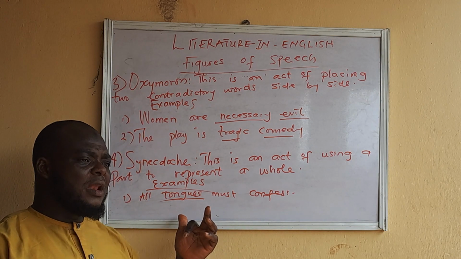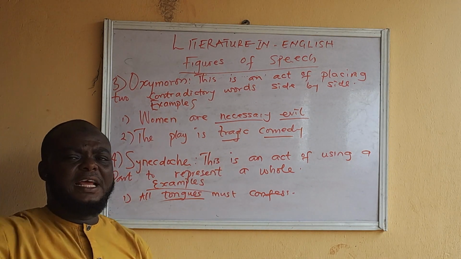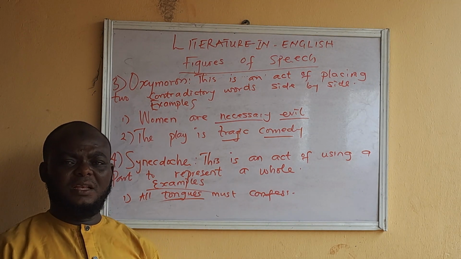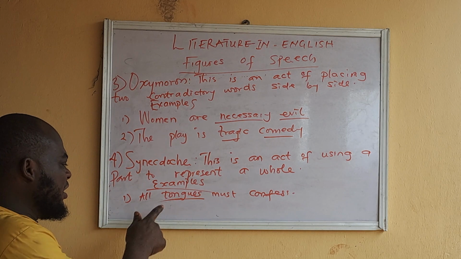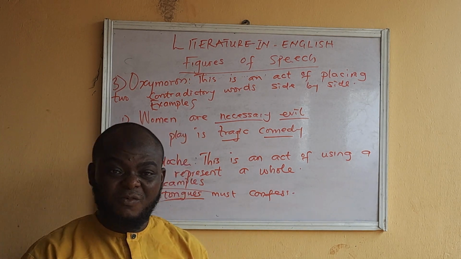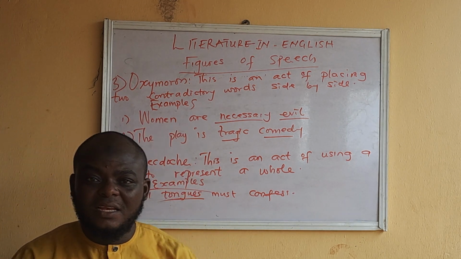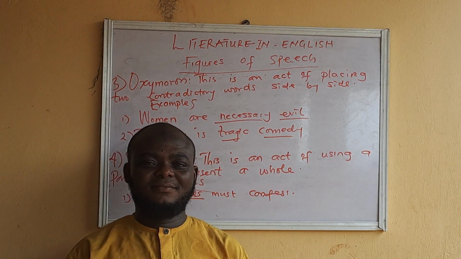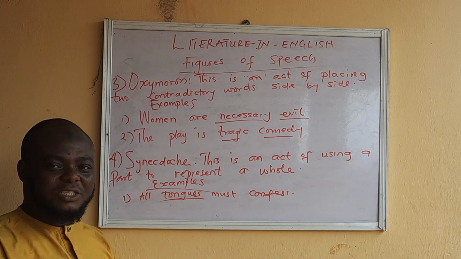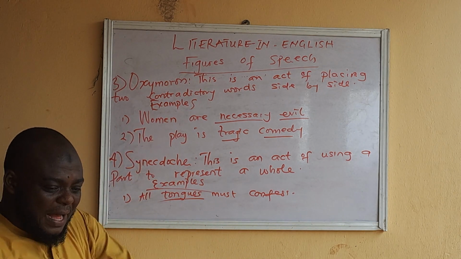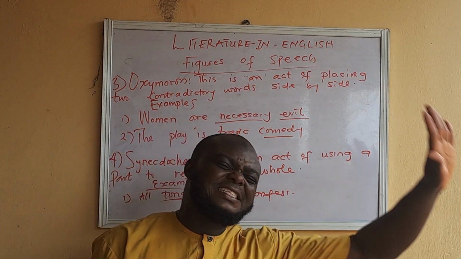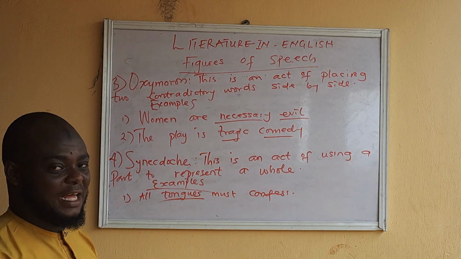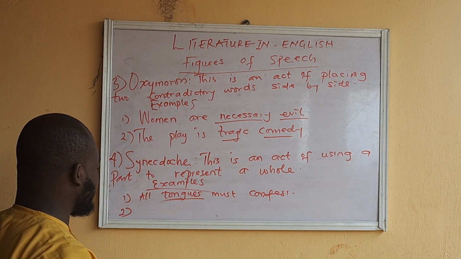So when we are now using part of human being to represent every aspect of the human being, that's when we have synecdoche. We are using this tongue here to represent human being, which means all human beings must confess to whatever they see. That is synecdoche. When we are using a part of something to represent all that particular thing, that is synecdoche.